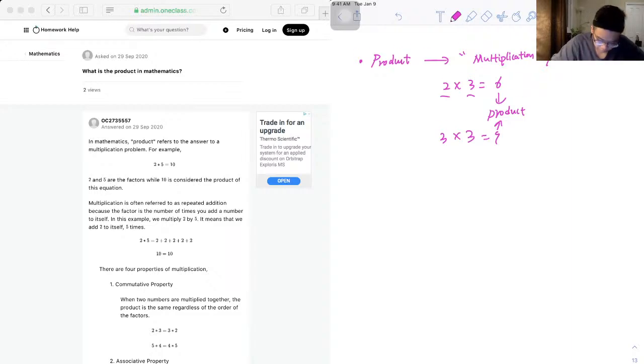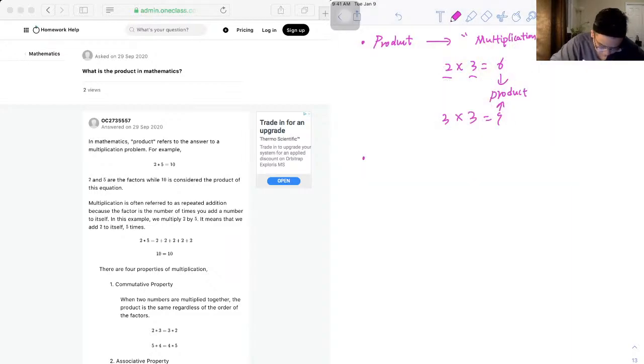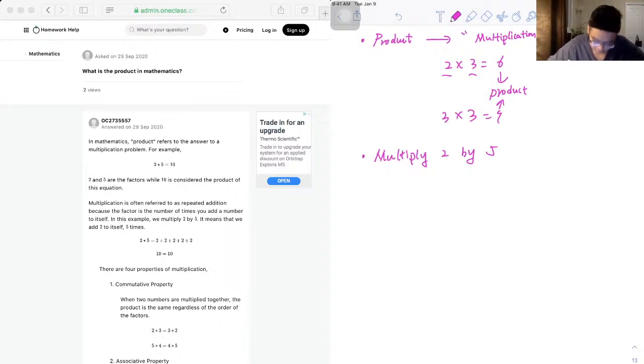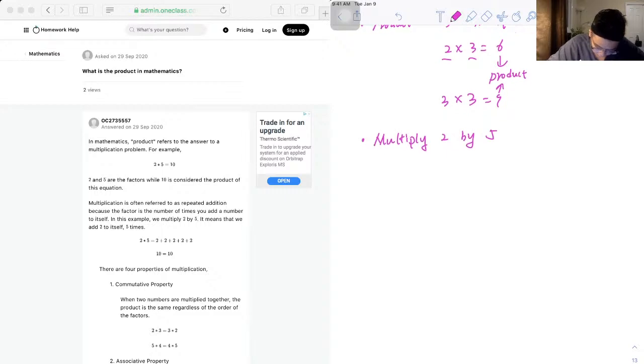So for example, let's say we multiply 2 by 5. It just literally means we add 2 to itself 5 times. This is equal to add 2 to itself for 5 times.